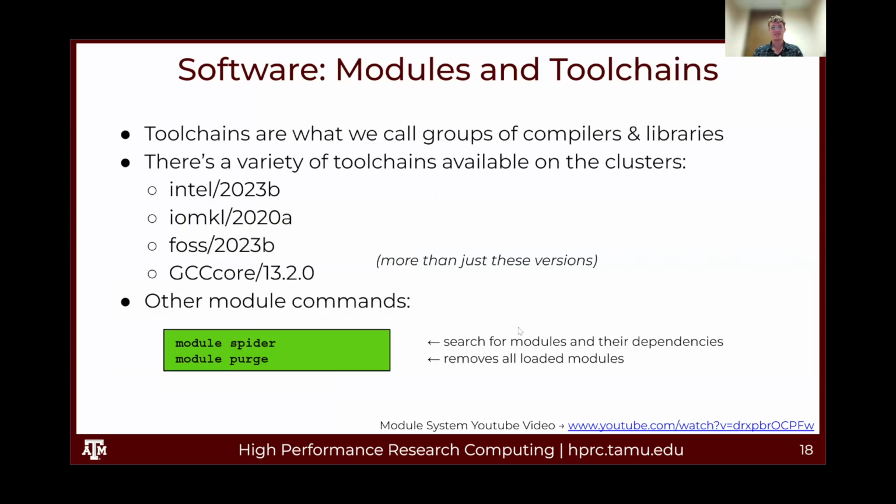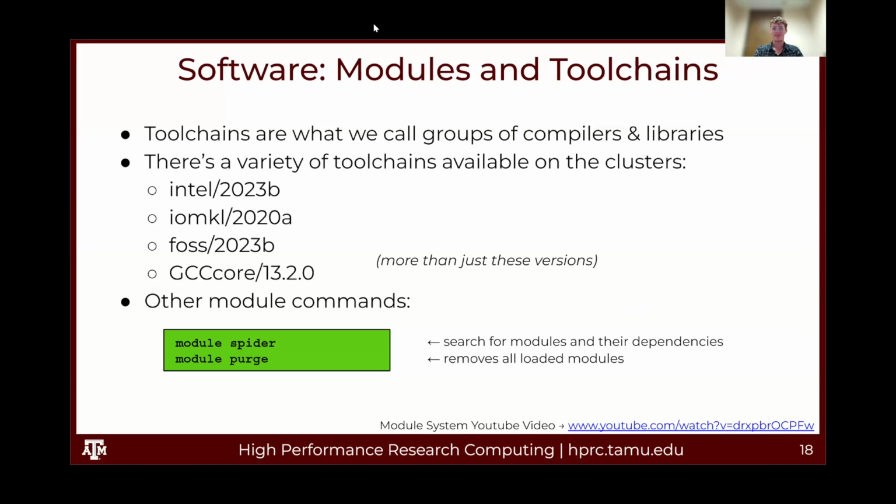But let's say you don't know for sure what GCC goes with what OpenMPI. You can load a toolchain. If you hit the toolchains command, I did not put a picture in here, but it'll show you several toolchains, like GCC core, GCC matched with OpenMPI, and it will show you a version of Python that works with it.